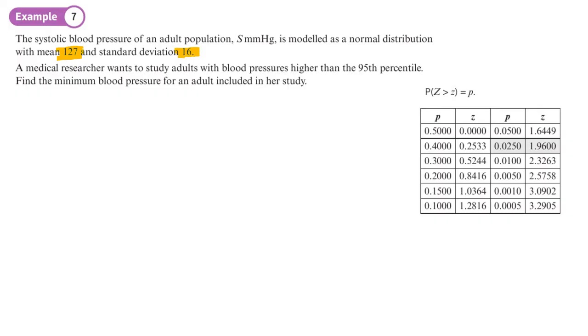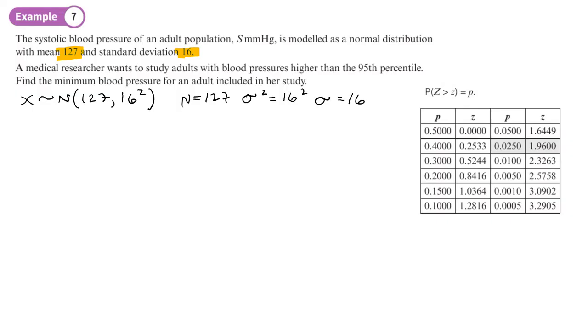So basically we have, let's use X for this normal distribution, mean of 127, standard deviation of 16. That means the variance is 16 squared. So mean 127, variance 16 squared, standard deviation 16.